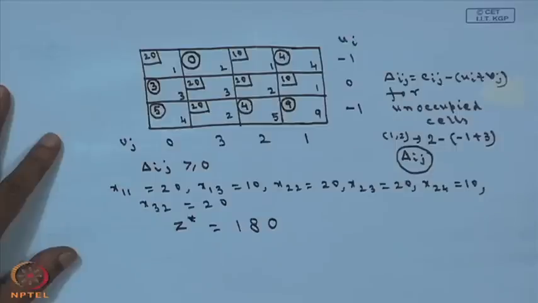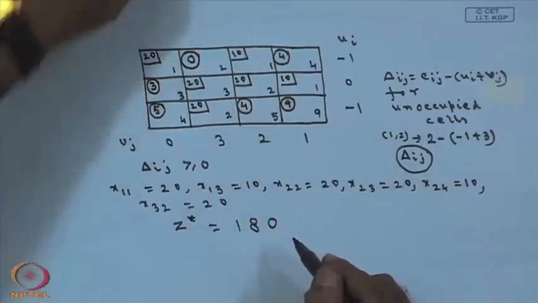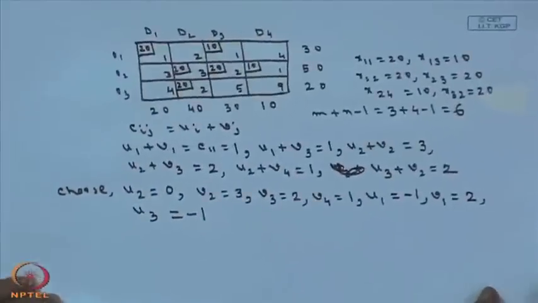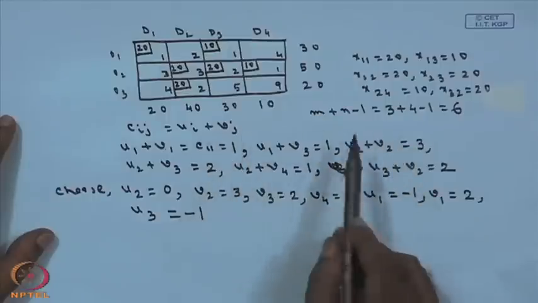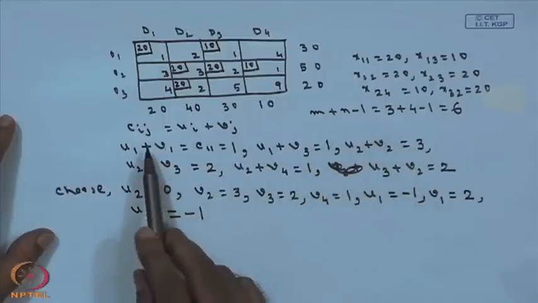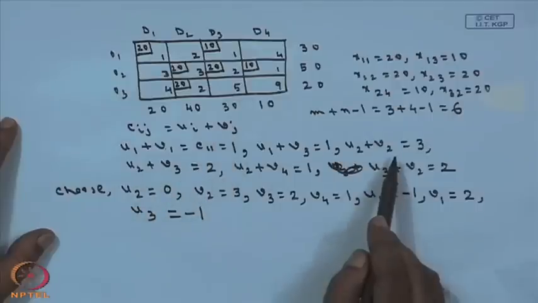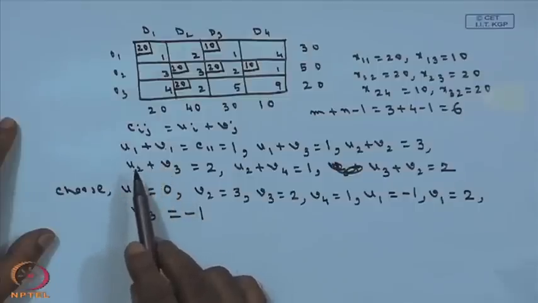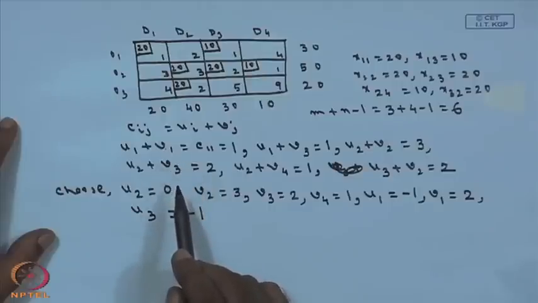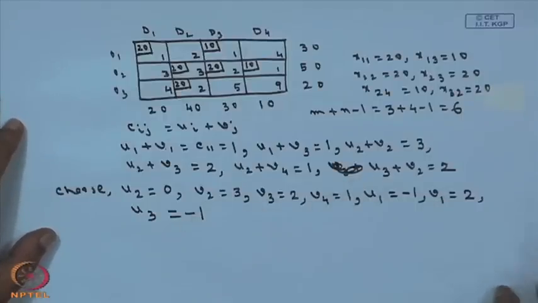So, therefore, whenever you have the initial basic feasible solution, you are checking it is not degenerate, because the number of occupied cells equals m plus n minus 1. Then you are calculating Cij equals ui plus vj for the occupied cells, you are getting some equations. From these equations, you are setting one of the variables equal to 0, for which that row or column has the maximum number of allocations. Once I am setting one variable as 0, you can find out the values of the other variables.